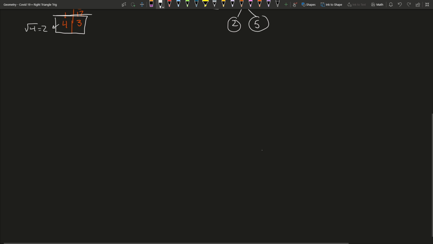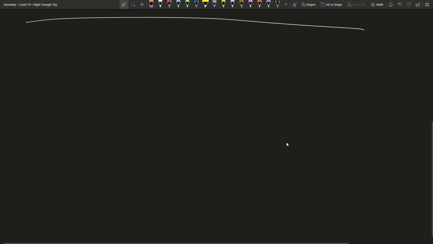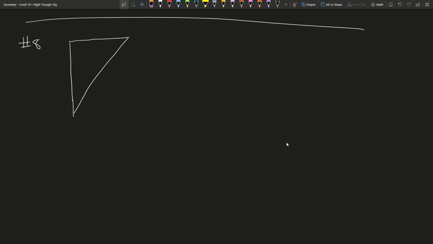So on that second handout, we have number 8, where we have this diagram with 2 sides, one is 16 and one is 20, and that bottom angle is angle theta, and we're asked to find the tangent of theta.